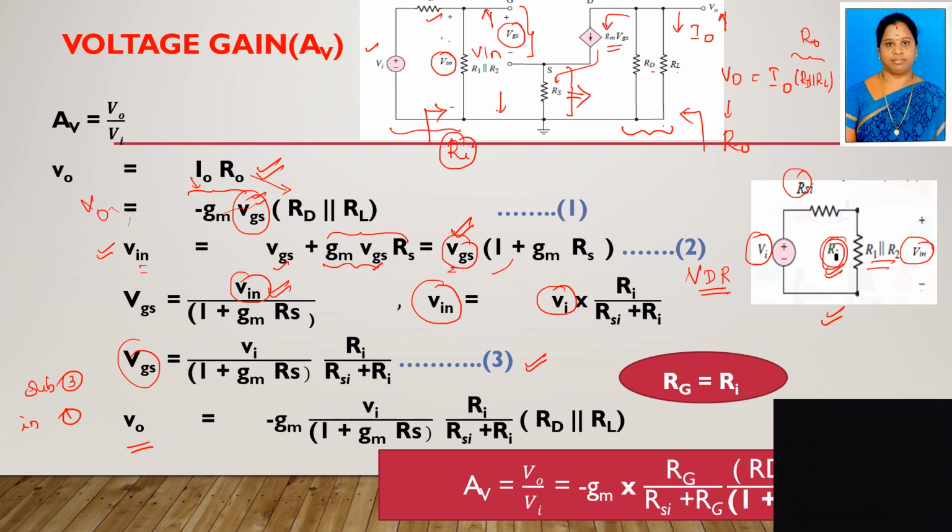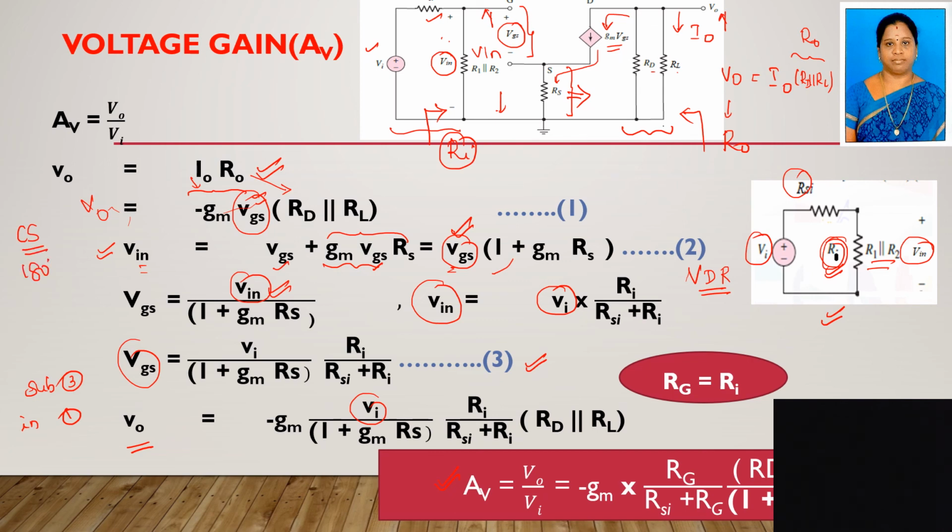So what is the conclusion here is the final gain. If you bring this Vi to the left hand side, I will get the gain. The gain equal to V naught by Vi, which is equivalent to minus Gm. This minus sign is indicated because, as I already told you, the common source amplifier alone has a 180-degree phase shift.